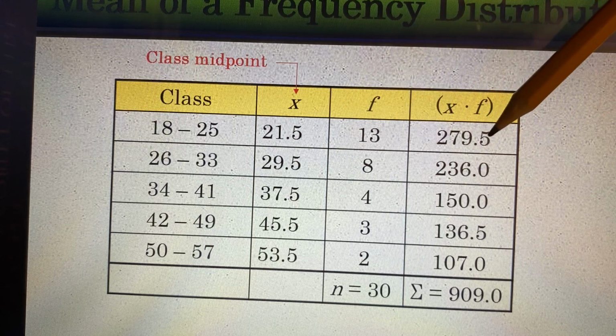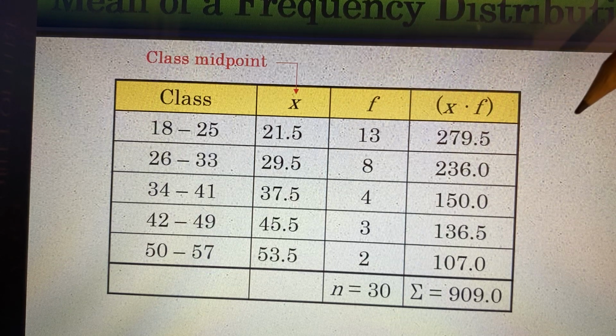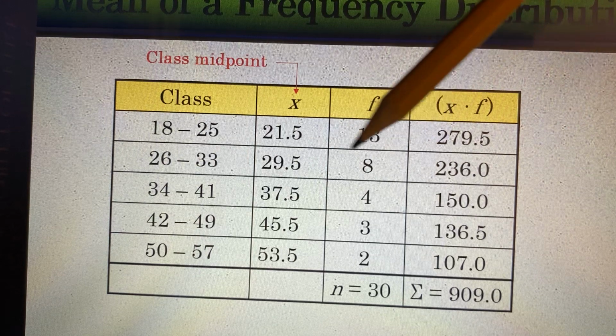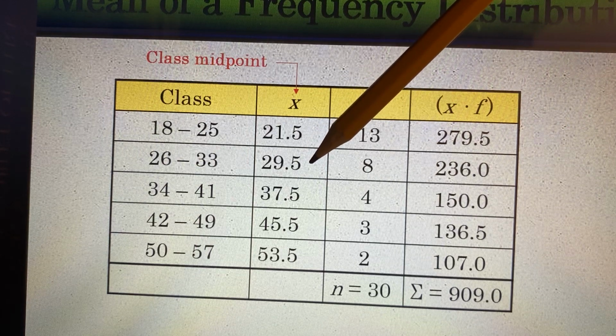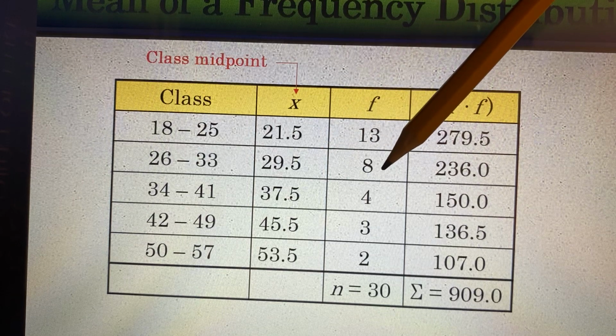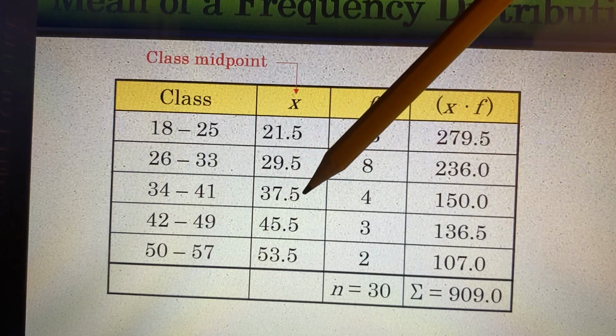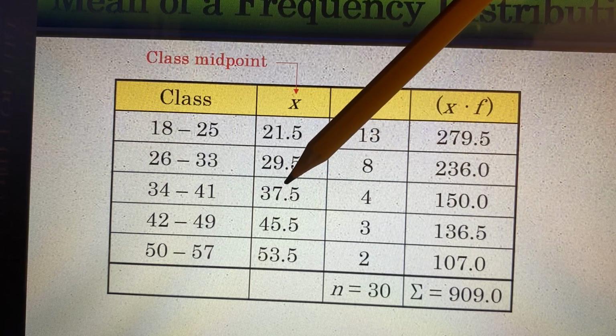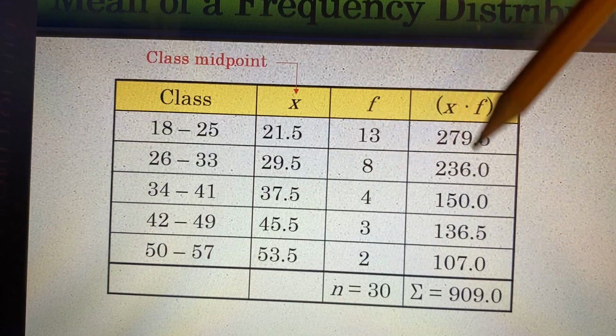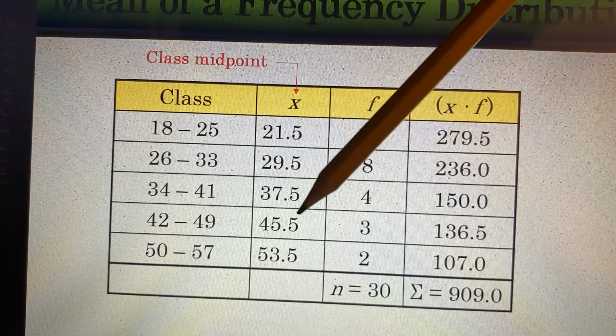21.5 times 13 gives us this product of 279.5. Then you would do the next midpoint, 29.5, times its frequency, 8, to get 236. We'll multiply again. 37.5 times 4 gives us 150.